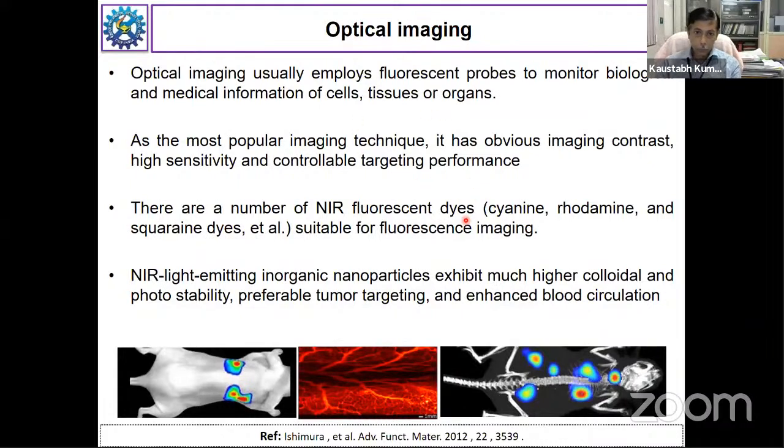Most of the popular imaging techniques also use imaging contrast agents, and we are also using different kinds of NIR or fluorescent probes, which can be used for seeing deep tissues and imaging them.